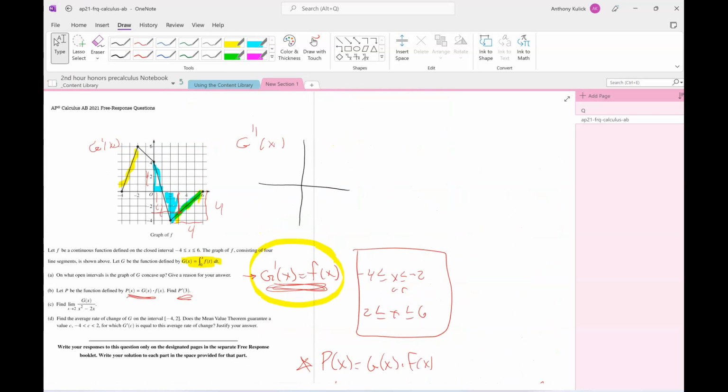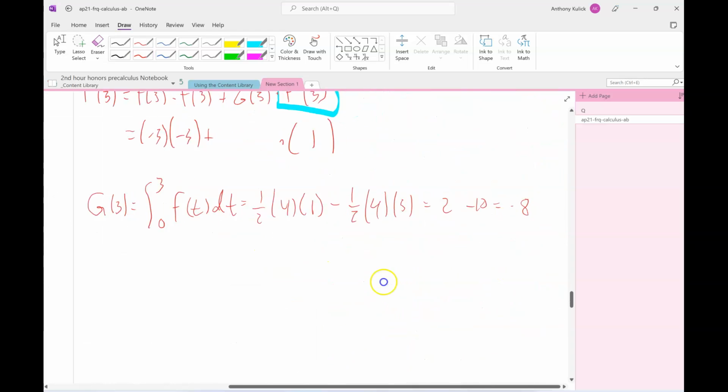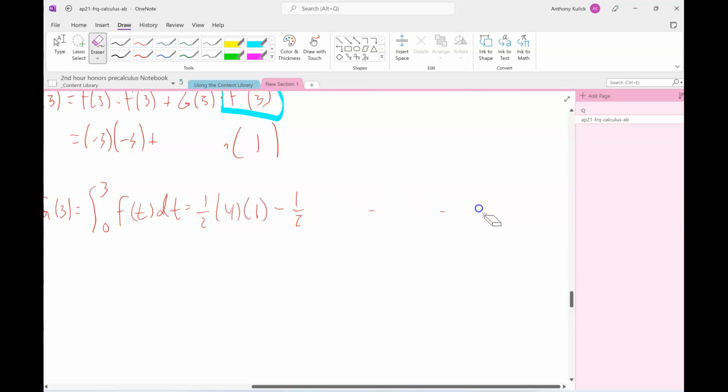So I'm going to break that into a triangle and a trapezoid. That's better. So the triangle just has height 4, base 1, and the trapezoid has bases 1 and 3 and height 1. So there's my negative 7/2. How do you do the area of the trapezoid again?